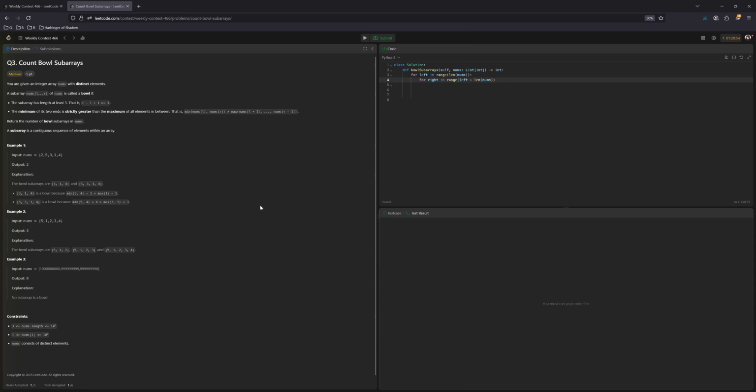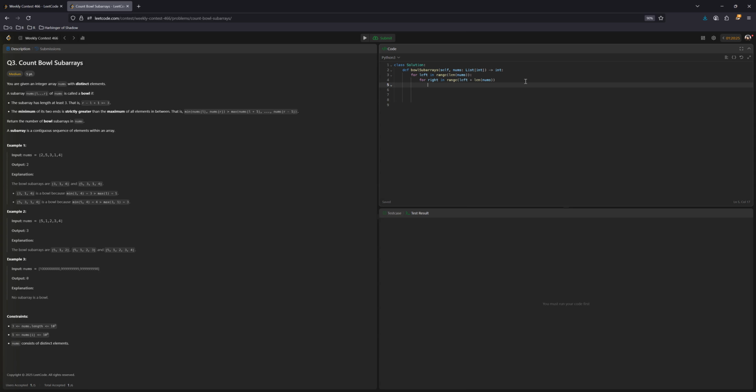Anyways, I'm getting sidetracked. Okay, so for right in range, left plus length nums. Okay, so the minimum has to be bigger. Okay.